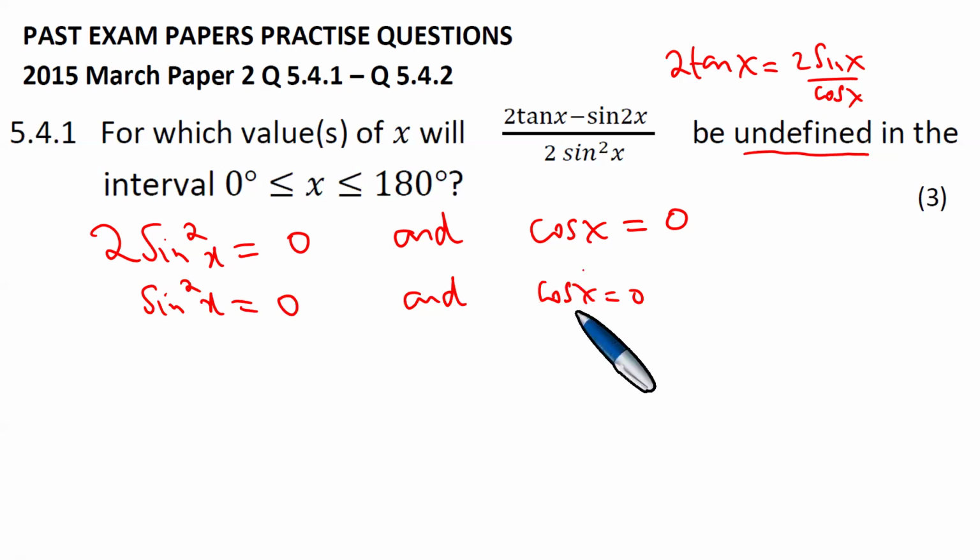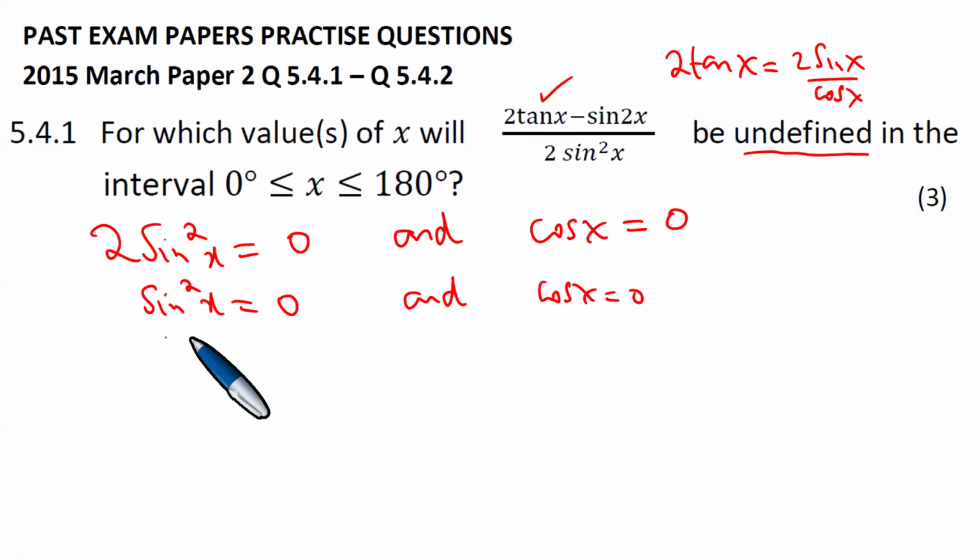It is also undefined when the tangent, which appears in the numerator, is undefined. So there are two instances: when the denominator sine squared x is 0, and when the tangent itself is undefined, and that is when the cosine equals 0.